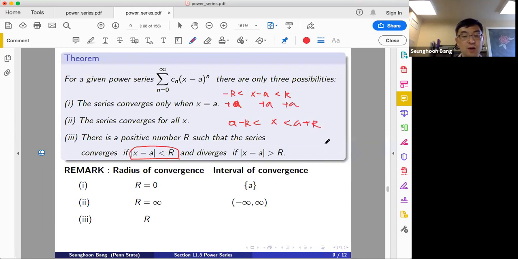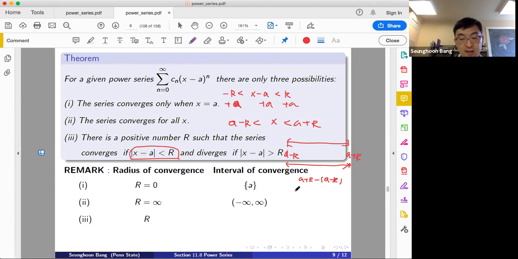What's the radius here? We think about this interval from here to here. We have the left-hand point a minus r and the right-hand point a plus r. What is this whole length? The whole length is the right-hand point minus the left-hand point: a plus r minus a minus r.